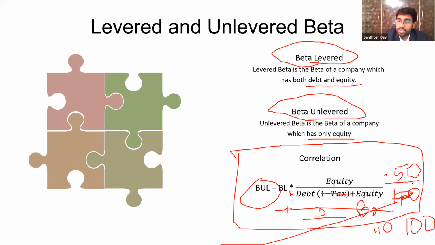Interesting question, but possible within the realm of thinking. It is minus 50 divided by 100. Your debt would be say 150. You have beta levered, and you are trying to find out beta unlevered. When you unlever it, it is going to give you a negative value.